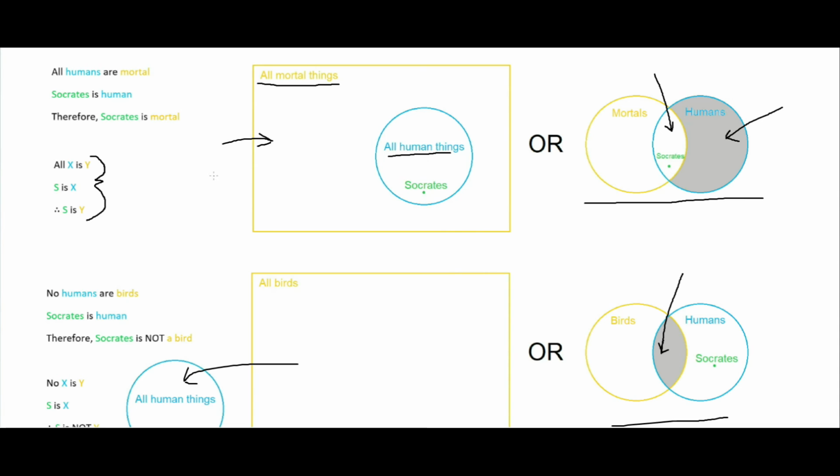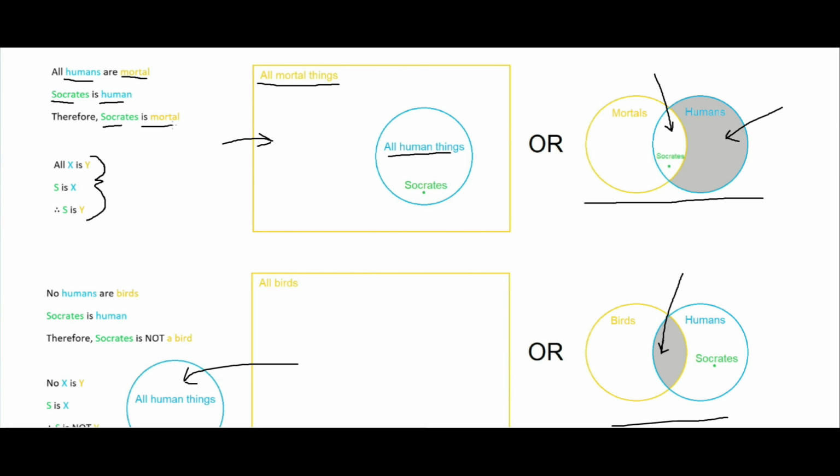But like I said, in logic, a lot of times what they're mostly concerned about is validity and not so much soundness. So they'll give you either premises that are clearly not sound, but you're only looking for validity, or sometimes they'll even just give a bunch of nonsense. So all whizzle wazzles are fermimons. Lucas is a whizzle wazzle, therefore Lucas is a fermimon, or whatever.